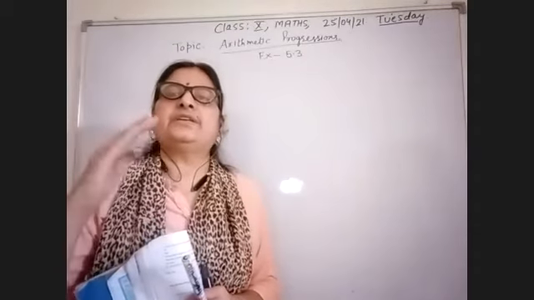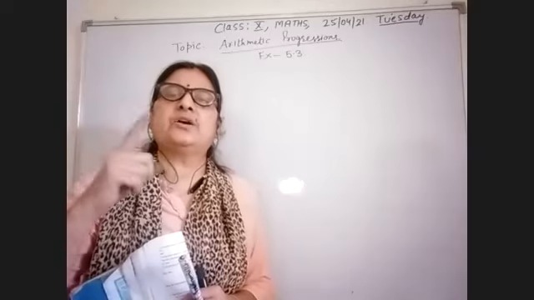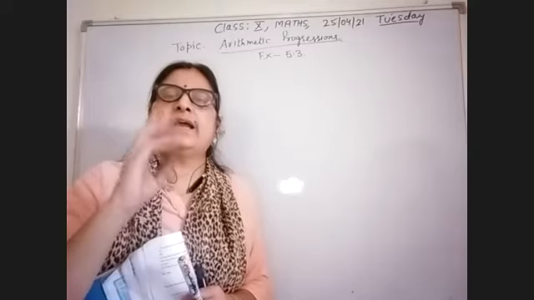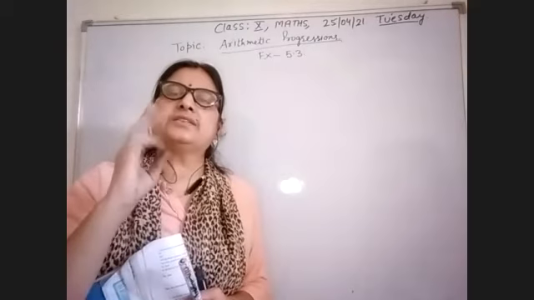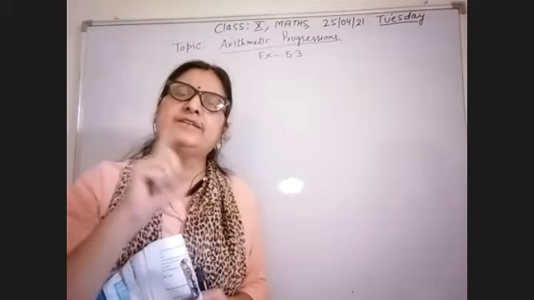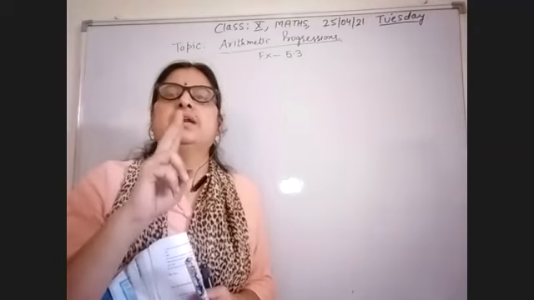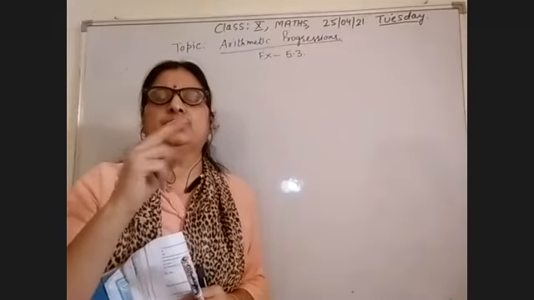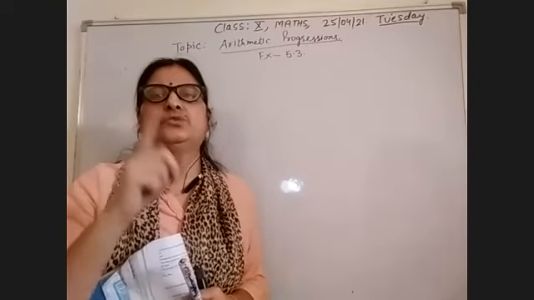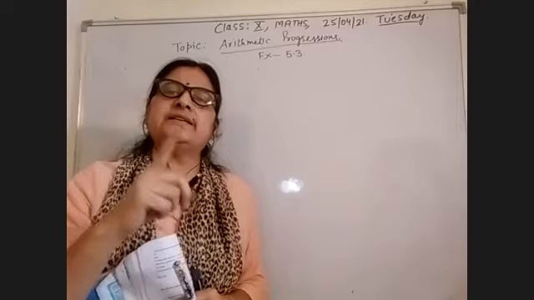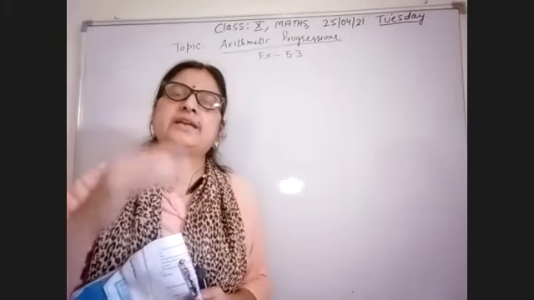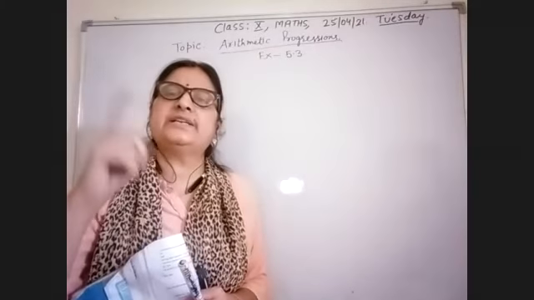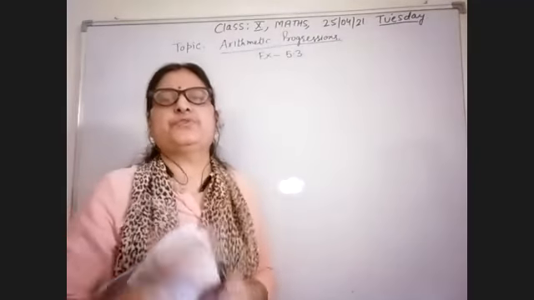Class 1 plants 1 tree per section, and if there are 3 sections, then class 1 planted 1 into 3, 3 trees. Class 2, each section will plant 2, so 2 into 3, 6, and class 3, 3 into 3, 9, and if you are studying in the 10th class you will plant 10 into 3, 30 plants. So this is forming an AP.